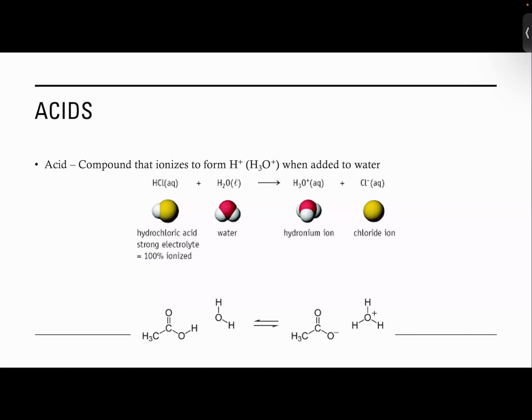The acidic hydrogen of the acetic acid combines with the water to form hydronium, and then what's left over is the acetate anion. This is the process anytime you have an acid in water. Again, all acids, whether they're strong or weak acids, will have the state of matter of aqueous in the balanced chemical equation.